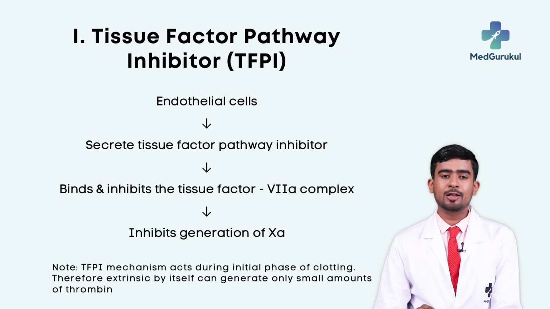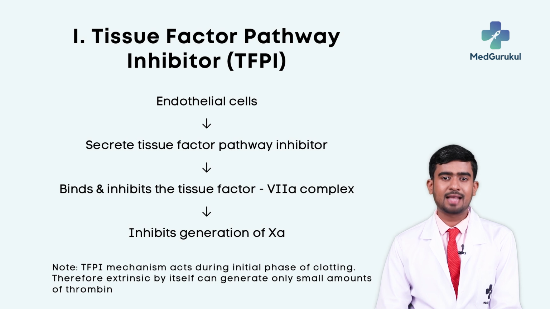Now, coming into the first one, that is the tissue factor pathway inhibitor. This is an inhibitor protein which is secreted by the endothelial cells. One of the most important properties of the endothelial cells is to secrete various anticoagulant as well as various antiplatelet substances which will prevent the formation of clot within the blood vessel.